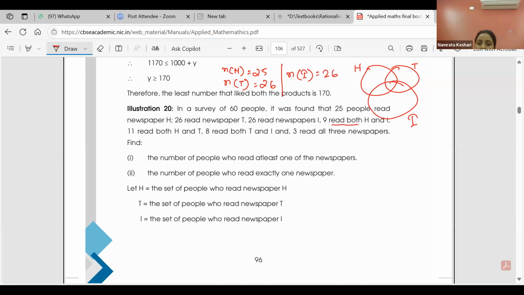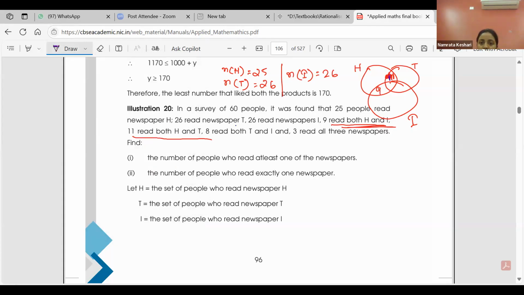9 read both H and I. 11 read both H and T. Okay, H and I, that is 9, and H and T, that is 11. It's given over here.